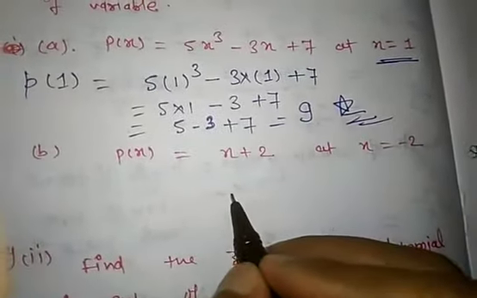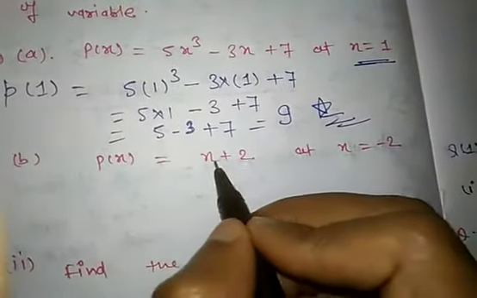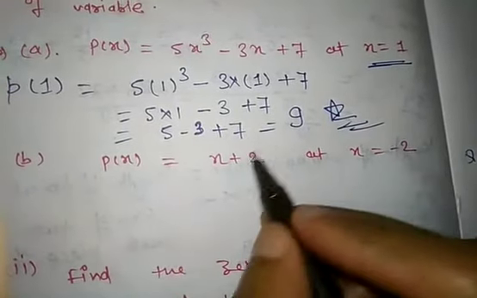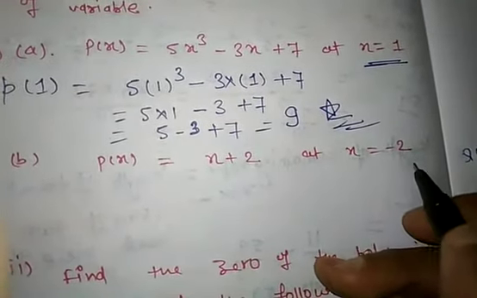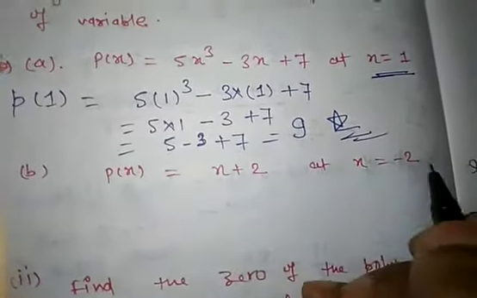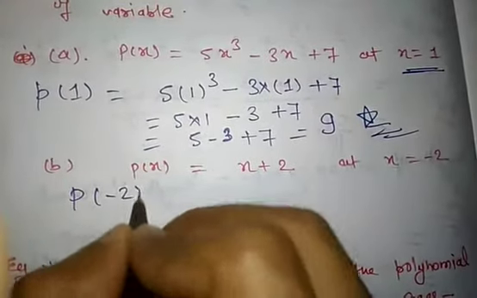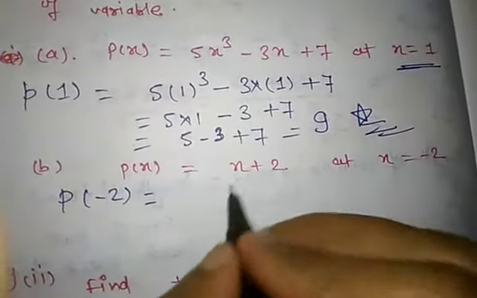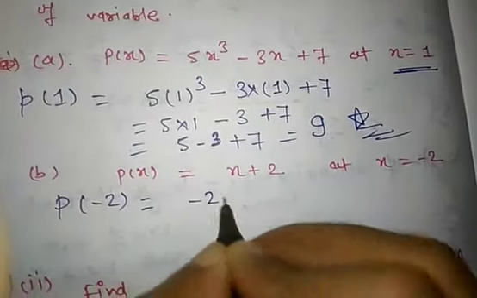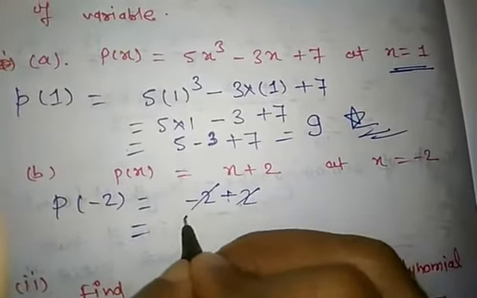Again, solve another question. p(x) is equal to x plus 2 at x is equal to minus 2. What is the value of this polynomial at x equal to minus 2? Simply replace the value of x by minus 2. So putting the value of x, minus 2 plus 2, simply cancels out, we got 0.